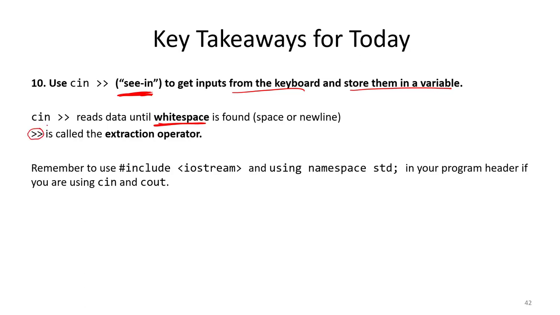This little thing here is called the extraction operator because it's basically grabbing the data from the keyboard. And once again, you do need to include iostream and use using namespace std in order to use cin and cout.